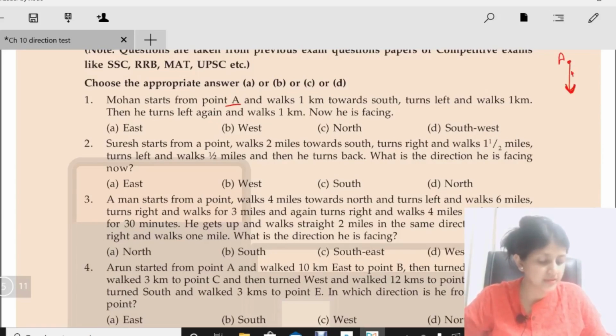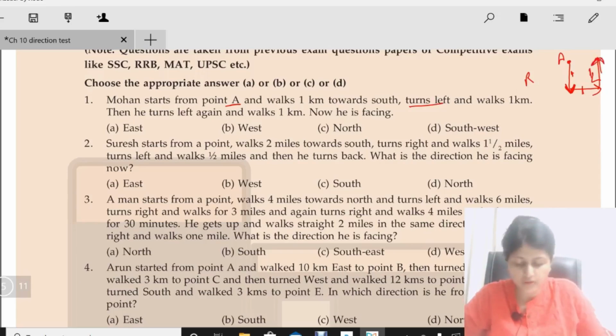So now where is his right? Here. And where is his left? Here. Okay, turns left and walks 1 kilometer. Then he turns left again and walks 1 kilometer. Now he's facing north. Right? I hope you were correct in this.